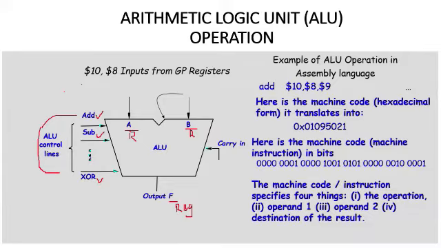So now let's look at an ALU operation in assembly language. A typical assembly language instruction is this: add string 10. See, this is assembly language. What does this do?